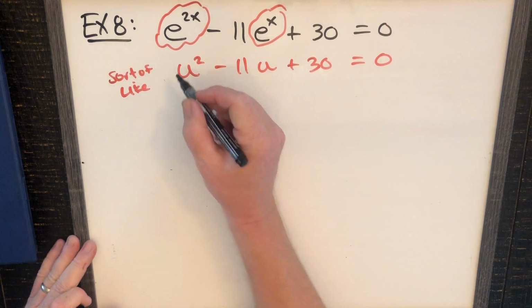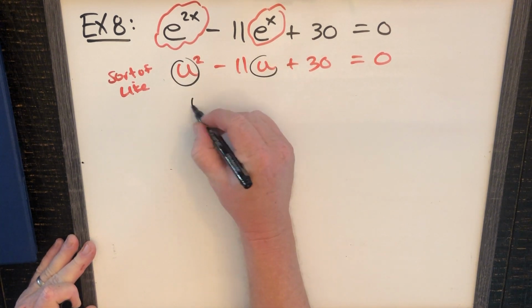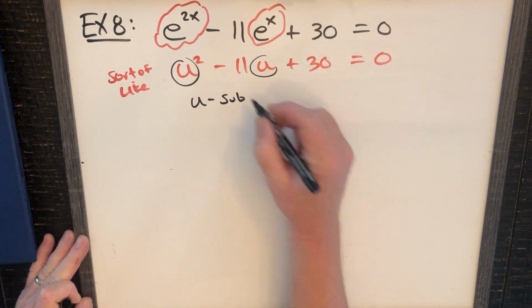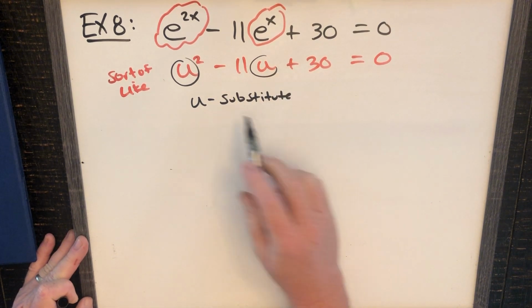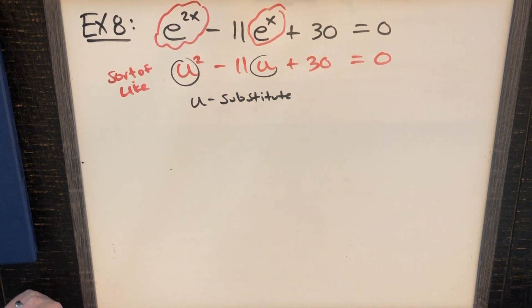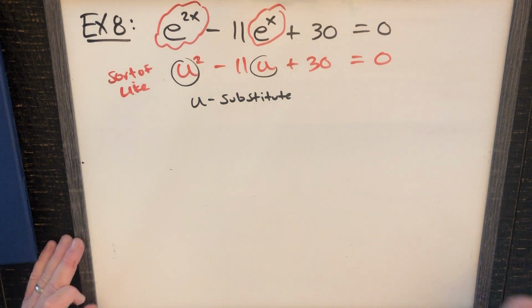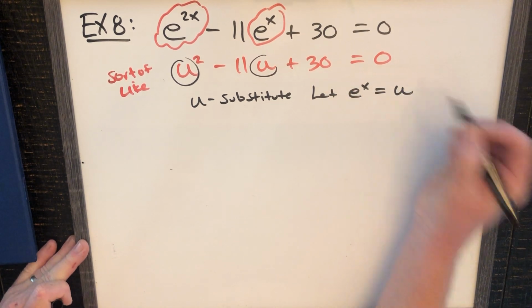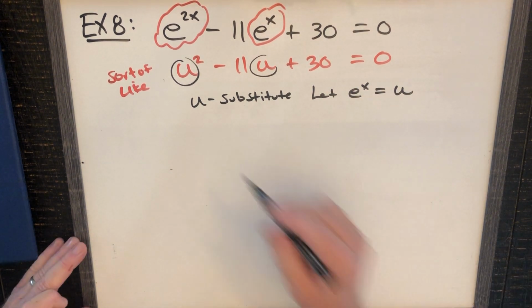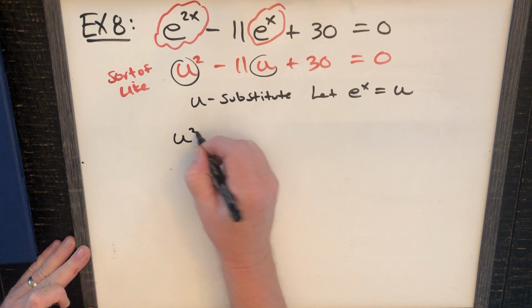So u is sometimes called a sub, or a substitute. So we're basically going to let e to the x equal u.